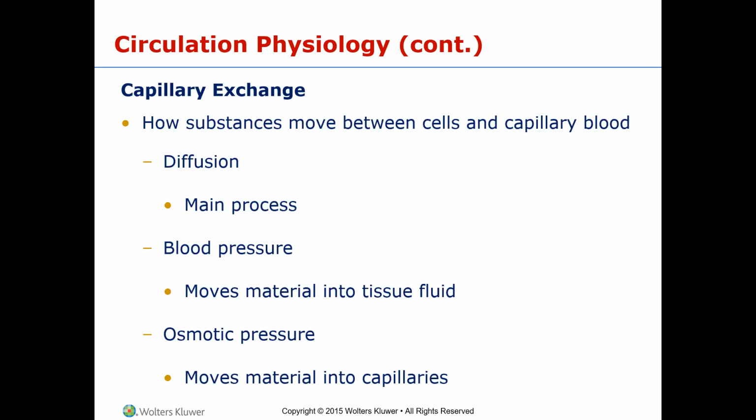There's an additional force that's going to move those materials from the blood into the tissue, and that's by blood pressure. And then also we have osmotic pressure, and that's maintained by the plasma proteins.